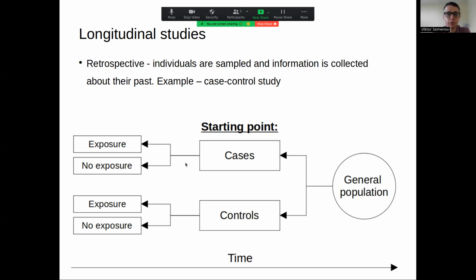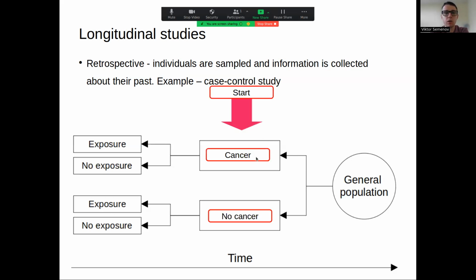Unlike cohort studies, when we selected study participants and then followed them over time, in case control studies we do not follow people over time, but we select cases. If we continue with the example with cancer, we select people who already at the moment of the beginning of the study have cancer.